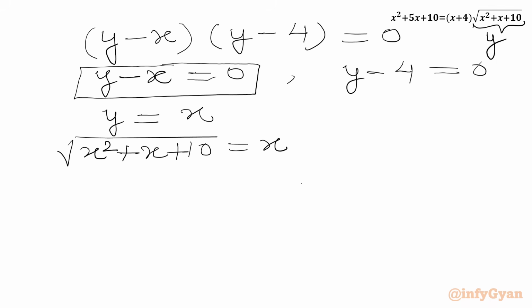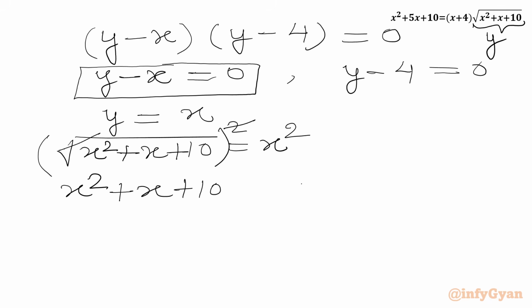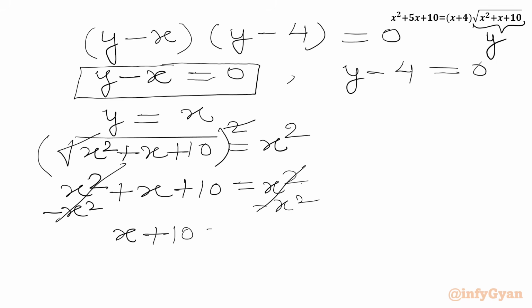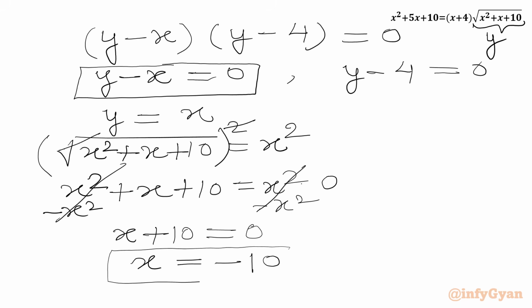After squaring both sides, we will cancel square root and square from LHS and write x square plus x plus 10 equal to x square. Now we will subtract x square from both the sides. So we can cancel plus and minus x square and write x plus 10 equal to 0. RHS is 0. So from this equation, we are going to get our first solution, minus 10. We will check whether it is extraneous or not at last.